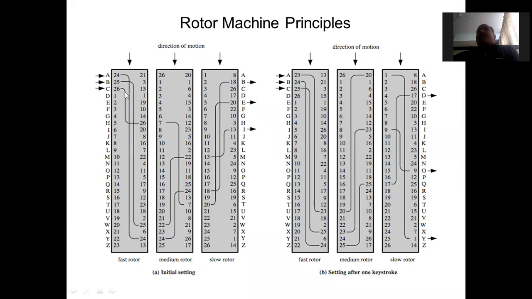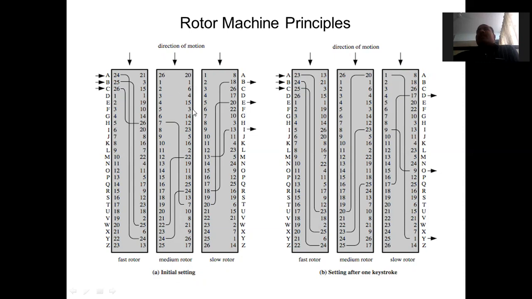So the plain text character A gives B as cipher text, the plain text character B gives E as cipher text, and the plain text character C gives I as cipher text here.